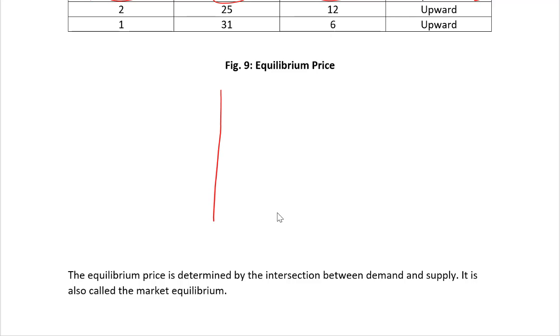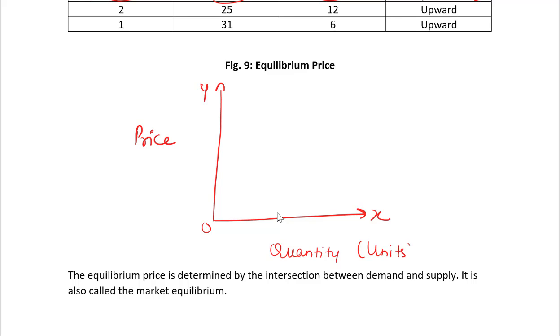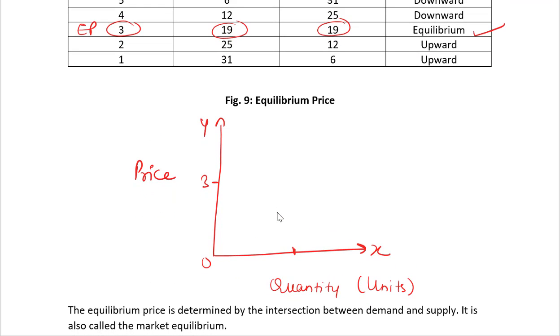Let me make the equilibrium price graph for you. On y-axis we are plotting price, on x-axis we are plotting quantity, that is in units. At a price of 3, the quantity is 19. This is 19.